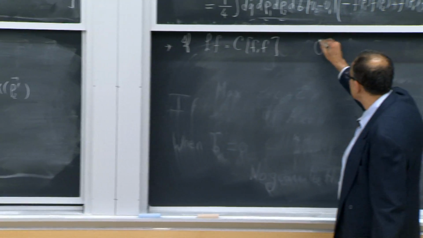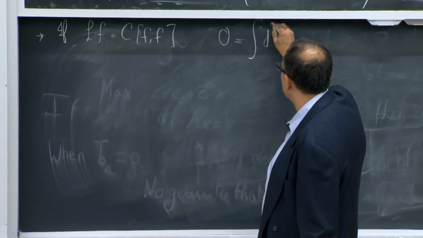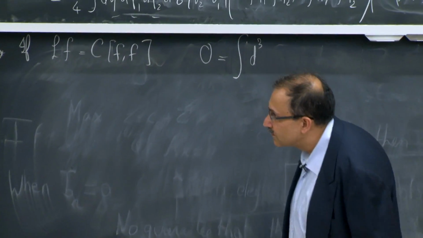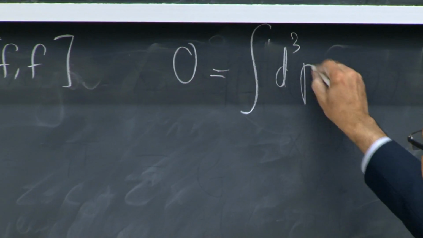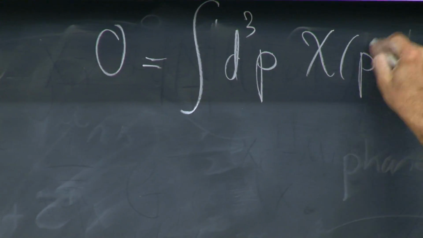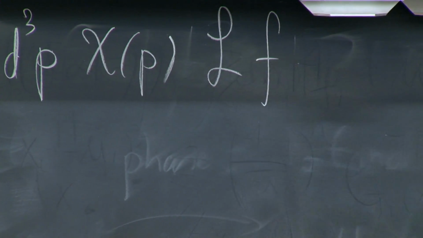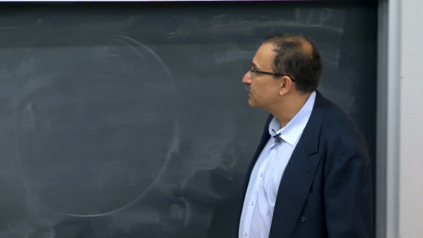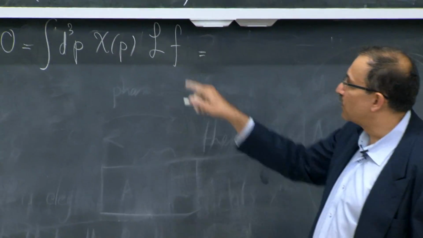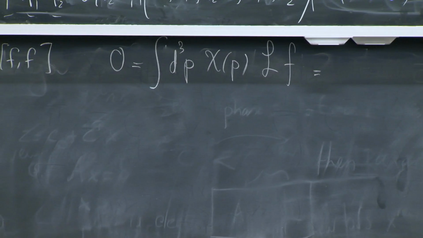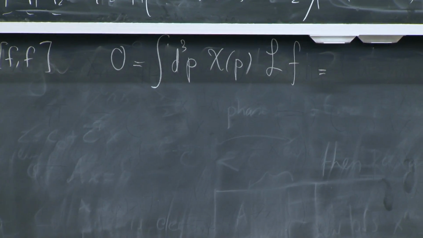Then I also know that the integral of chi against this L operator on F is 0. Okay? And let me remind you that the L operator is a bunch of first derivatives, d by dt, d by dq, d by dp.